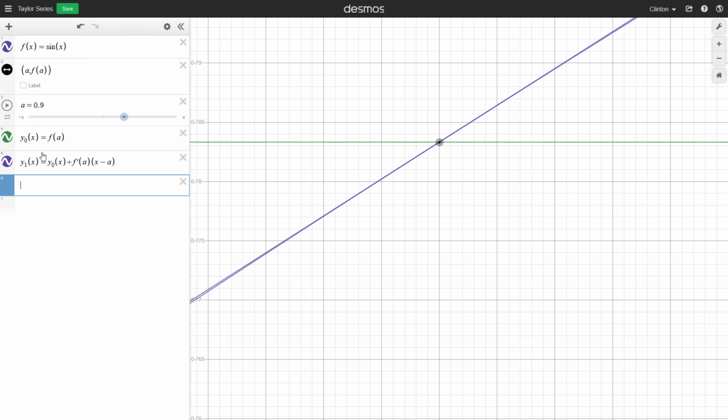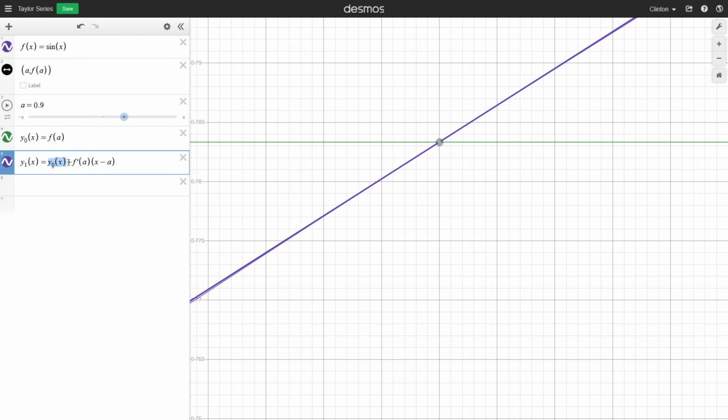So essentially what you have here is the usual equation of the tangent line, but maybe written in a slightly weird way, because instead of just writing f of a, I have this y0 of x. But this is really just referencing f of a, so it is the same equation.